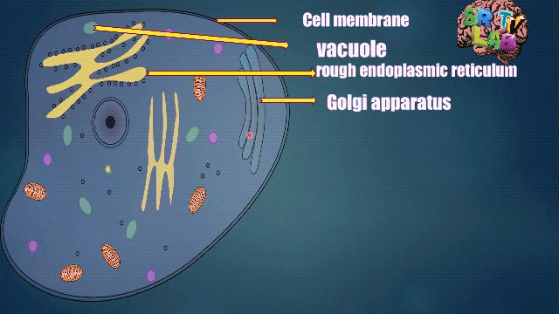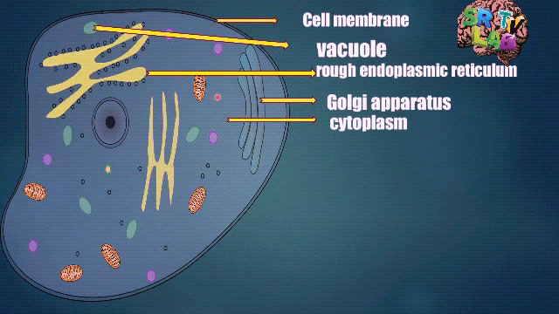Therefore, the Golgi Apparatus will distribute the substances to the outer cell membrane. You get it? Which means they either become part of the cell or leave the cell. That is the function of the Golgi Apparatus, transporting the substances to the cell membrane.